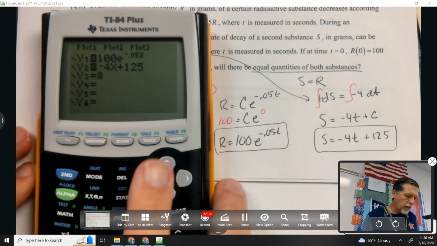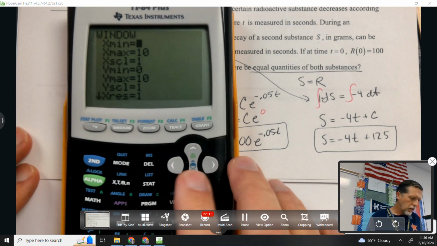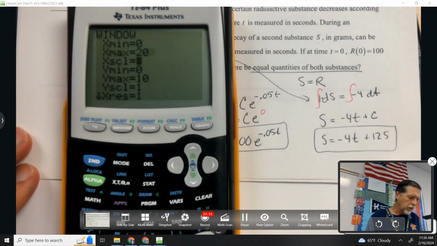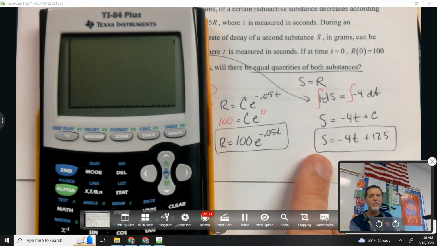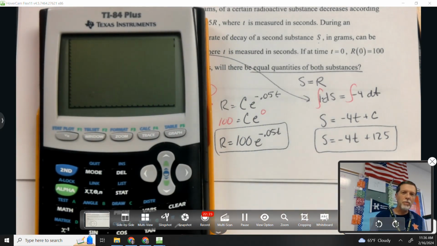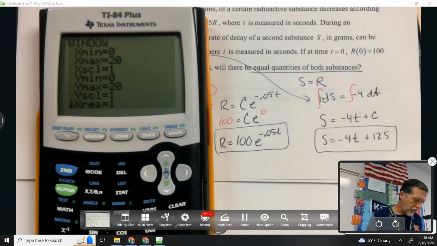And I want to know where they intersect. I'm starting at time equals 0. I don't know how far to go, so let's just... Oh, my y value should have been 100 or 125, so that was a poor choice to start with. So I definitely need to be up at 125.